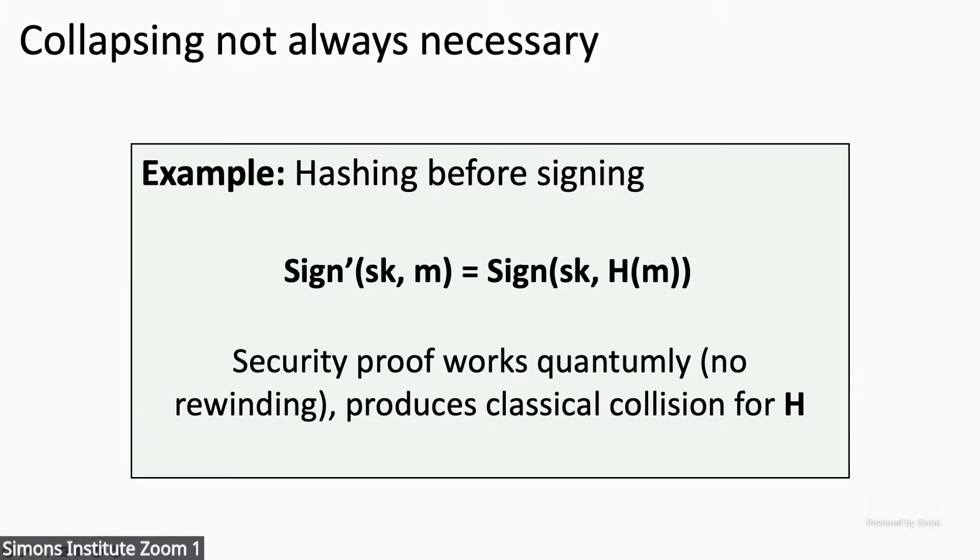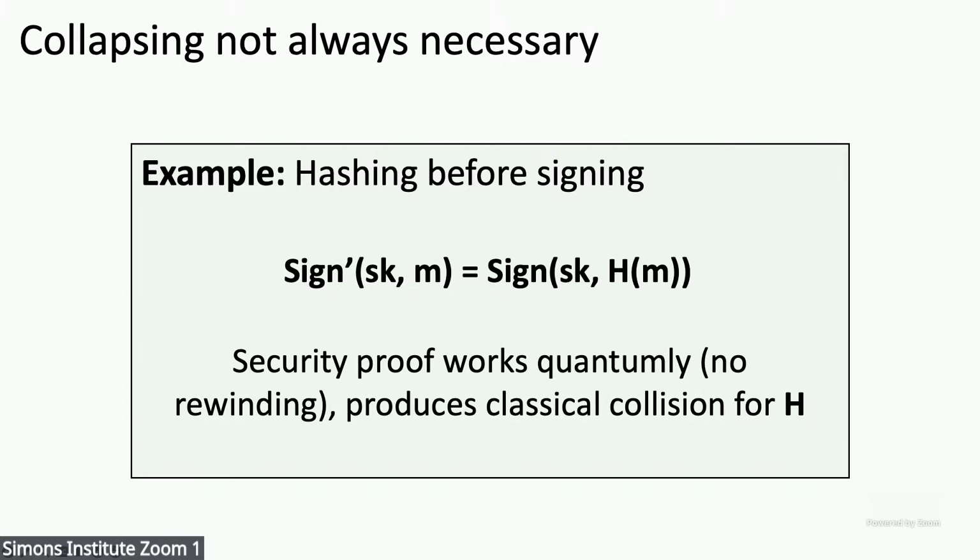I want to point out that collapsing is not always necessary. It really depends on your application, and sometimes plain old collision resistance is just fine. For example, imagine you have a signature scheme, and for efficiency reasons, you hash your message before you sign it. As long as you're not in some new model where you're allowed superposition signature queries, and you're just allowed classical signature queries, collision resistance is fine.